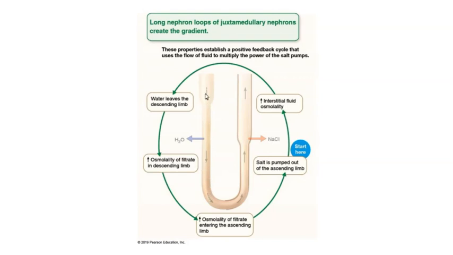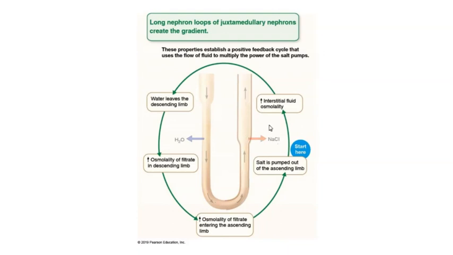So as the filtrate starts to lose water on its journey down to this U-shaped bend, it becomes more concentrated. That is, water gets pulled out, solutes are left behind. And so the osmolarity of the filtrate increases as it makes this U-shaped bend and makes its way up the ascending limb.